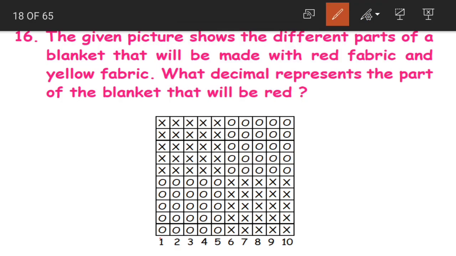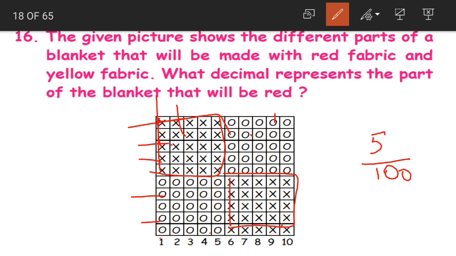Or if you want, you can count the total number of rows and columns here. I mean, we are having 10 columns and 10 rows. So in total we are having 100 blocks, and from that these are 25 plus 25. We are having 50 blocks in red color. Yes, 50 by 100 is the fraction representing red color.